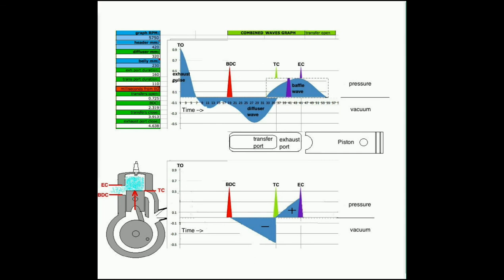So the actual wave becomes like this, and you've lost that potential use of that energy. You've lost energy, basically, even though it makes for nice power at the very top RPM.